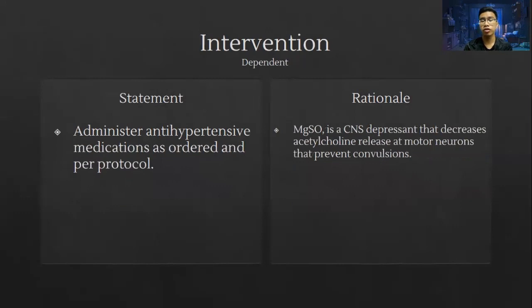Next is the dependent intervention: administer medications as ordered and per protocol, if ordered by the physician or doctor. The rationale is that magnesium sulfate is a CNS or central nervous system depressant that decreases acetylcholine release at motor neurons, which prevents convulsions.